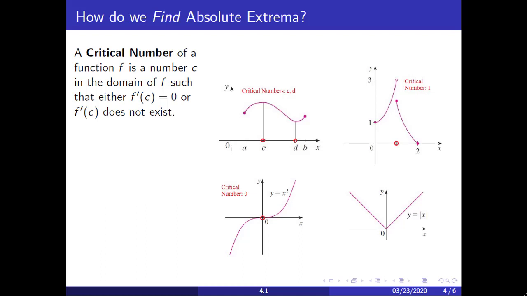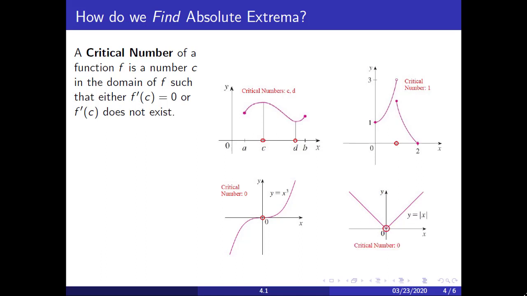Looking at last at the bottom right graph, the only critical number is again x equals 0, because here the derivative doesn't exist. There is a kink at x equals 0. This time, the absolute value of 0 is both an absolute minimum value and a local minimum value.